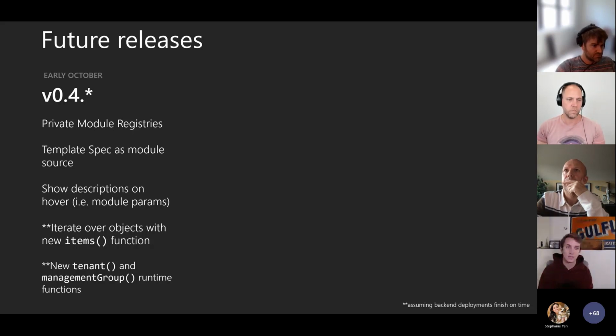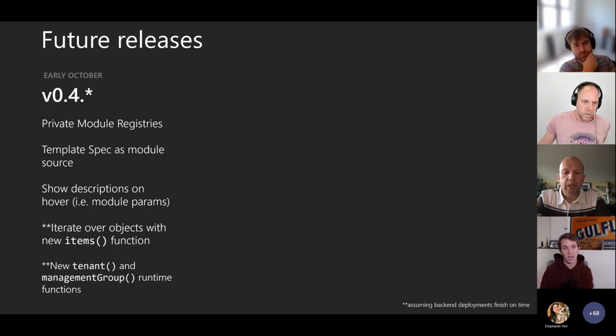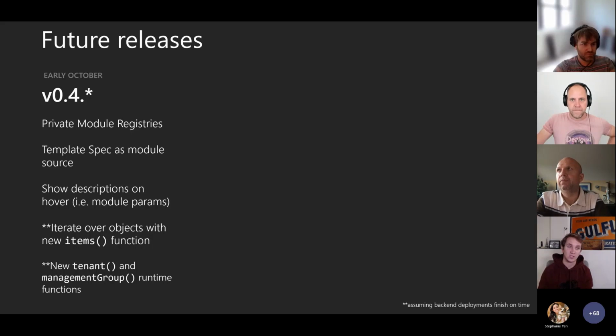By allowing a template spec as a module source, everything just works as expected. We can actually pull in the template spec from Azure and give you full IntelliSense and validation with that as well.